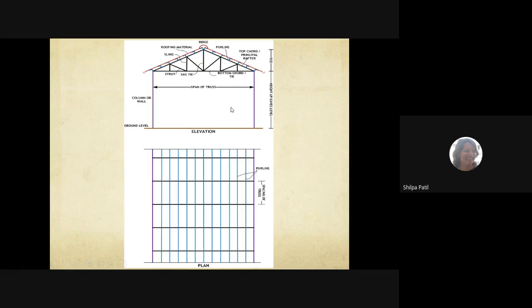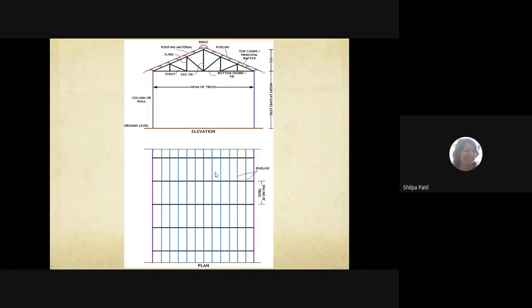Now, practically how are these installed? See, between two purlins, there is one roofing sheet. If I consider only this particular rectangular portion, it consists of one roofing sheet. This is second, this is third, this is fourth. In this fashion, all the roofing sheets are placed between the purlins and between two trusses.